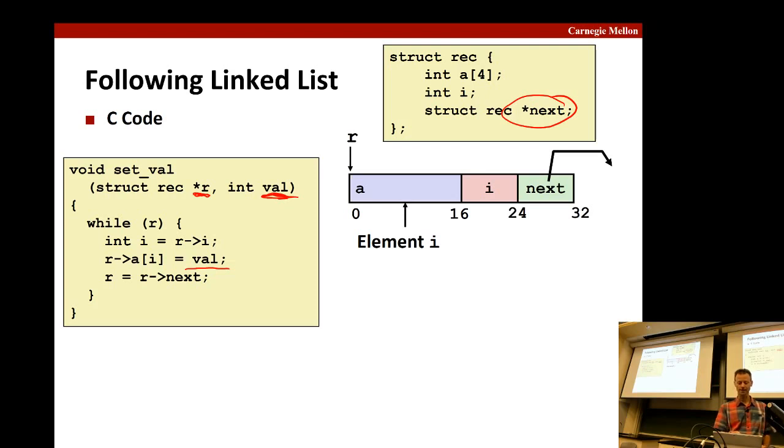What's going to happen here is, while this pointer that we're passing is not null, we want to set I to be whatever is in here.